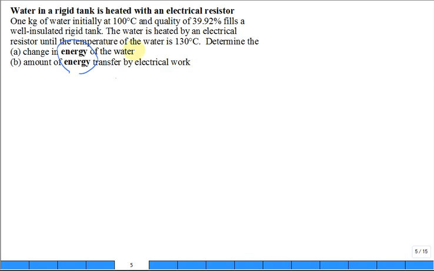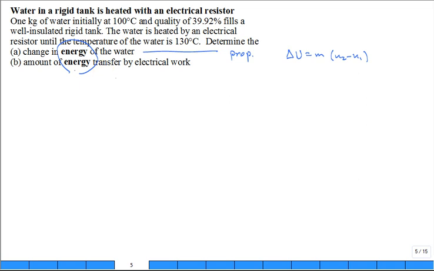And so the change in energy, exploit the property, that it's a property. Internal energy is a property. So the change in U is m times u2 minus u1. Fix the state and get the change in U, and you have the change in the property.